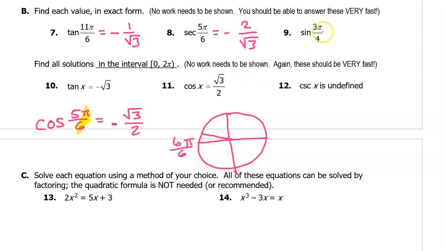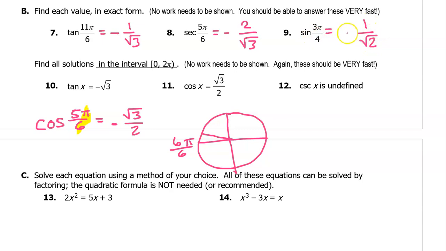Okay, so the sine of 3 pi over 4, you see the reference angle is pi over 4. We've memorized that the sine of pi over 4 is 1 over radical 2. Or you might have been taught radical 2 over 2. That's the same thing.